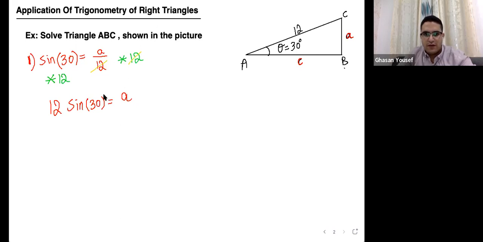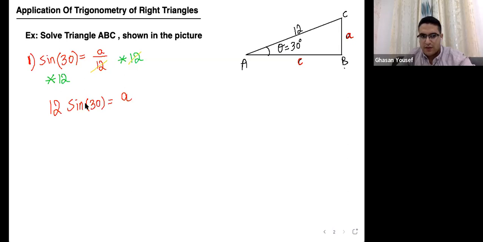Now, what is the value of sine of 30 by using the table? One half, exactly.